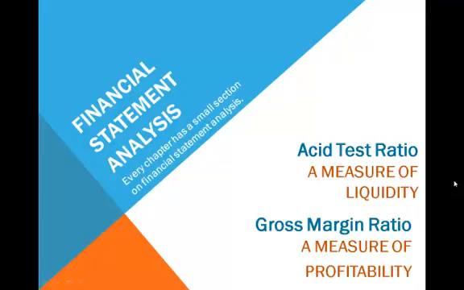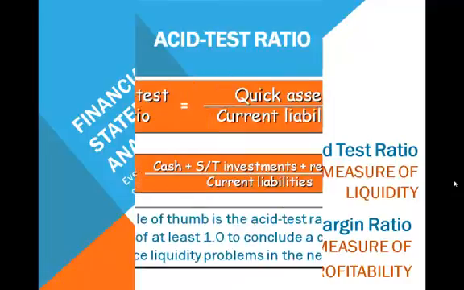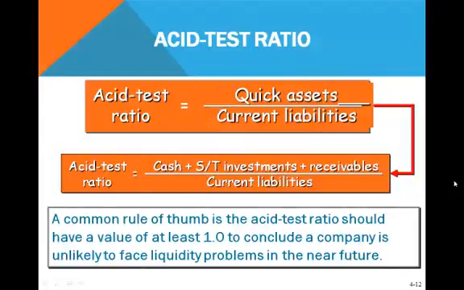This chapter concludes in the financial statement analysis section with two common ratios: the acid test ratio and the gross margin ratio. The acid test ratio is a common ratio that is used to determine the liquidity of a company. In other words, this ratio determines if the company has enough liquid assets to pay its current liabilities.